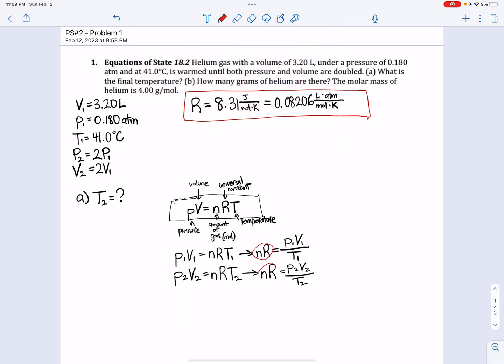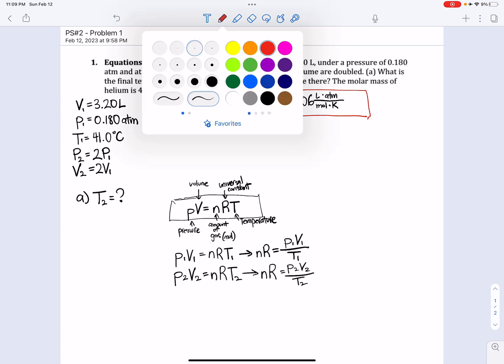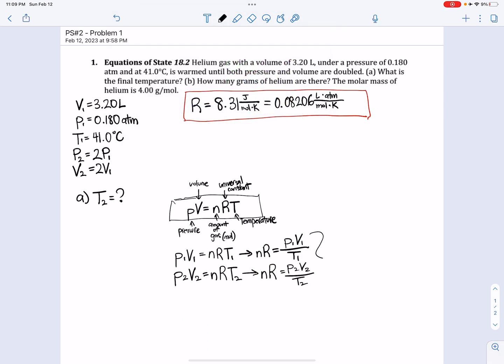And these guys are equal to each other. Therefore, these are also equal to each other. So, therefore, P1 V1 over T1 is equal to P2 V2 over T2, right?